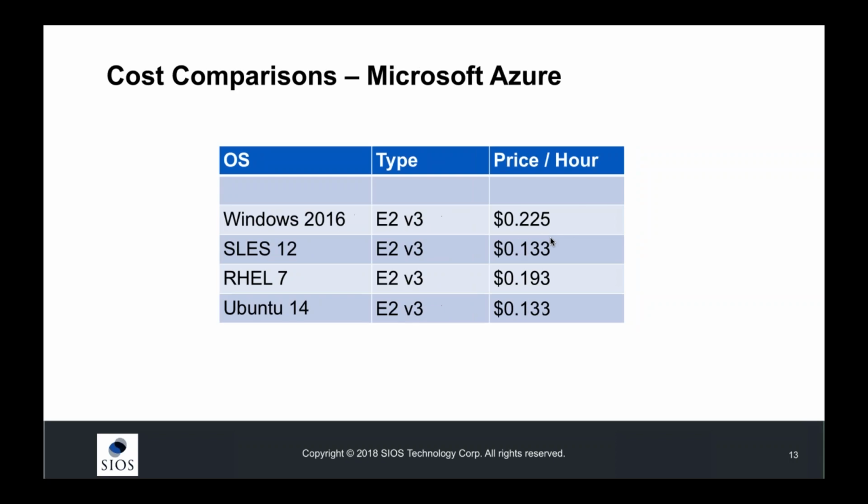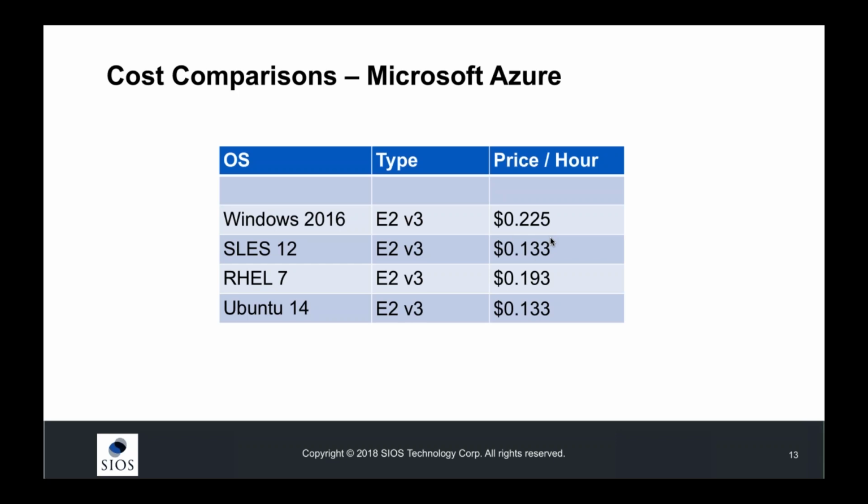Right? So on the Azure side, we have Windows at 22.5 cents, and then look, SLES 12 suddenly becomes as inexpensive as the Ubuntu release, which is surprising to me. But again, the same machine types, the E2 v3s, were all compared. This is just base OS, the lowest level I could find on their sites for price quotes.